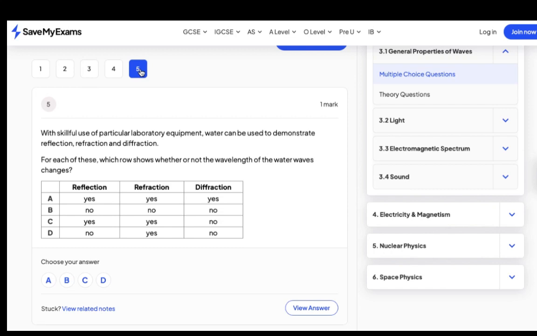In refraction? In diffraction? D, right? So reflection does not change, refraction changes the wavelength, and diffraction does not. D is the most correct answer.